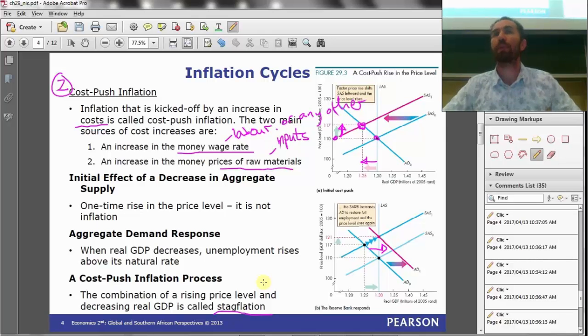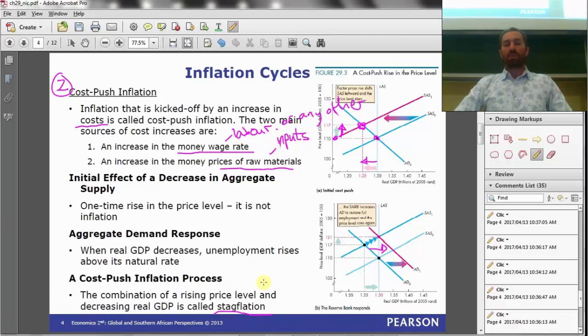Whatever government grants you might be receiving are buying you less. And you have no way of countering this because you can't go and argue for a higher wage because you're not employed. So who are the people most likely to be affected by stagflation? Unemployed, and particularly poor people.